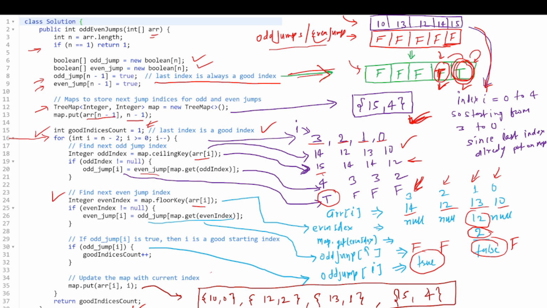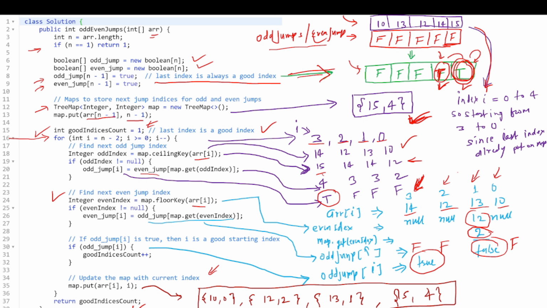But we also have to update the map, because we have to find the largest and smallest from here only. So on the map we will do map.put of array element at I, and its index. How the array element and index get stored is very important. Let's suppose I'm talking about I equal to 3. What map value will come?